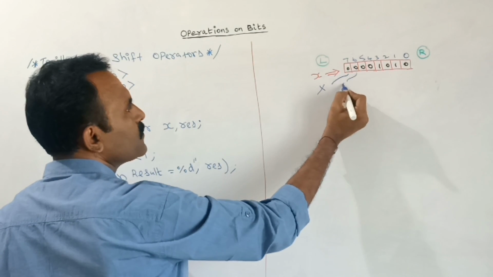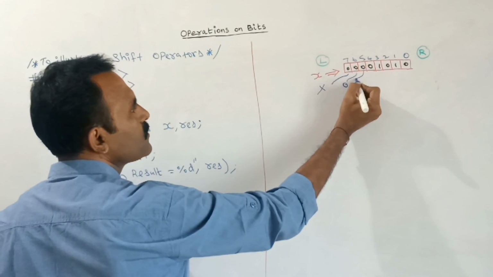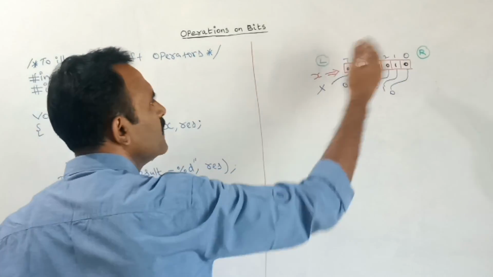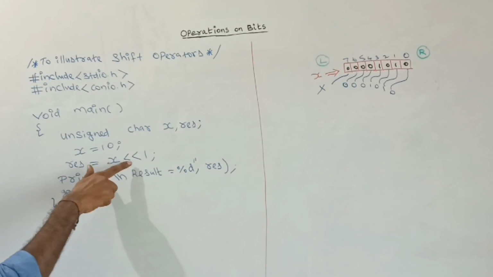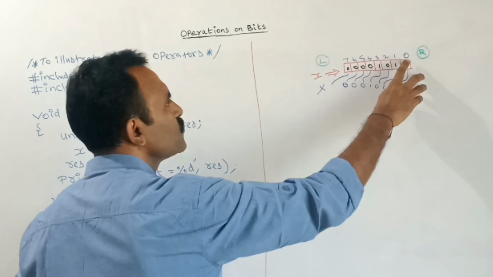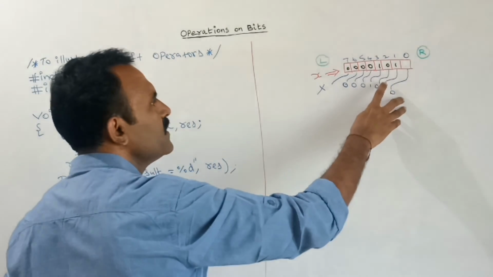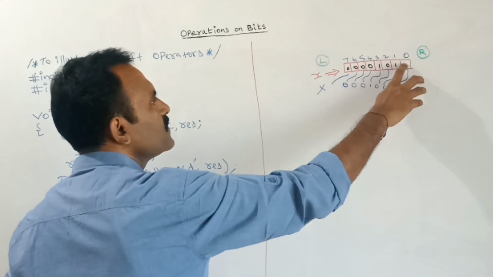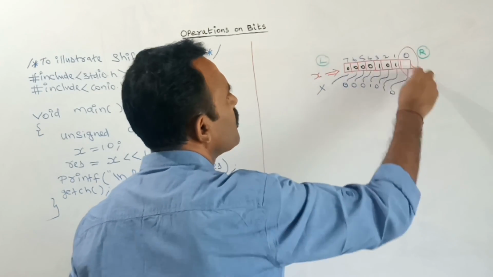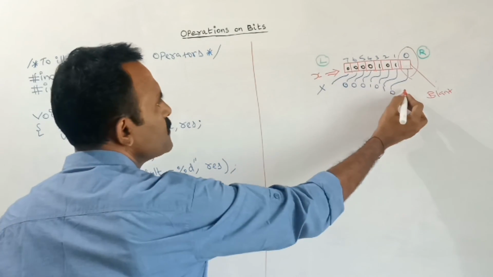Binary value is 0, so this 0 comes to the 7th position. In a similar way, 5th position to 6th position. Finally, this is what type of shift operator? Left shift operator, so at the right side one space is blank. The 0th position value moves to the first position, so now the 0th position is empty. This is known as empty or blank.